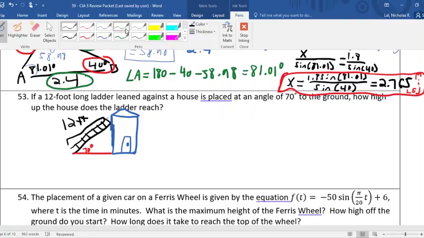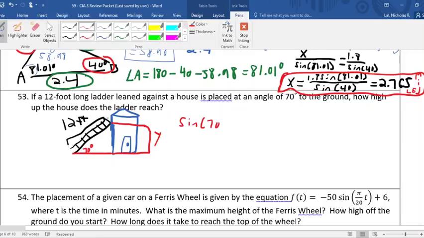How high up the house does the ladder reach? So we need to find this length right here. So let's find the length of y. Alright, so I know that the sine of 70 is going to be equal to, remember, y is the opposite side, 12 is the hypotenuse, because in general, the sine of theta is equal to the opposite side over the hypotenuse.